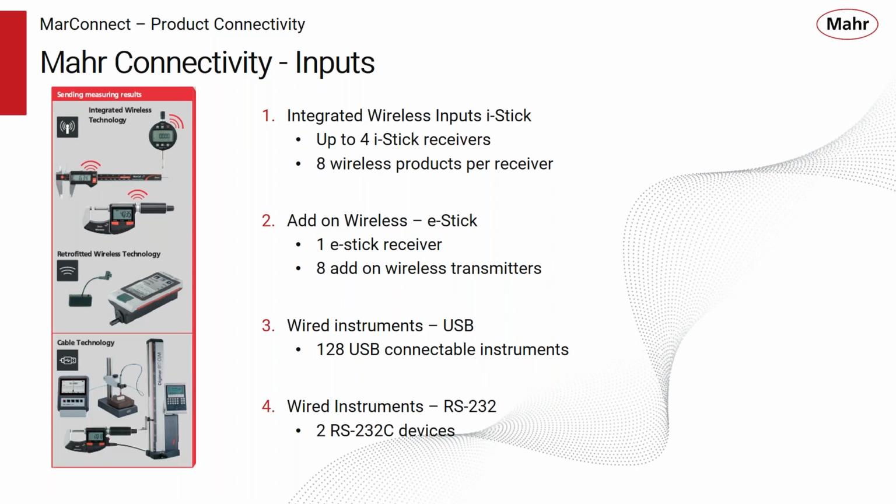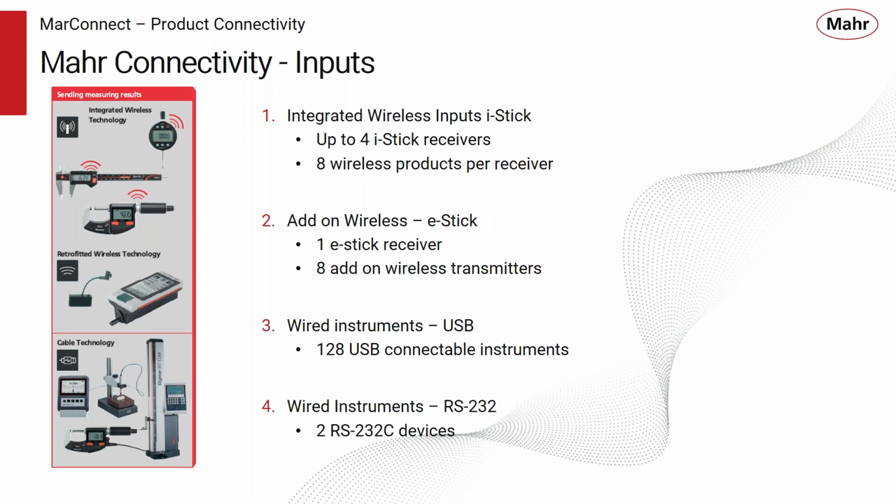So we use an iStick as receiver, and each receiver can take up to 8 wireless products. And since you have the ability to take 4 receivers, that's up to 32 wireless products can be handled with MarCom running. We also have an eStick, which is our add-on receiver product line, and MarCom could handle one of those, and each one of those receivers can handle 8 products.